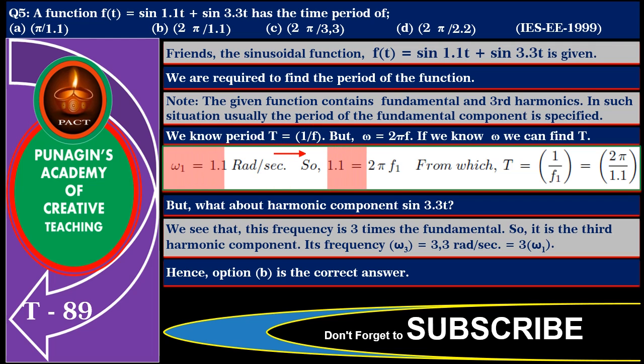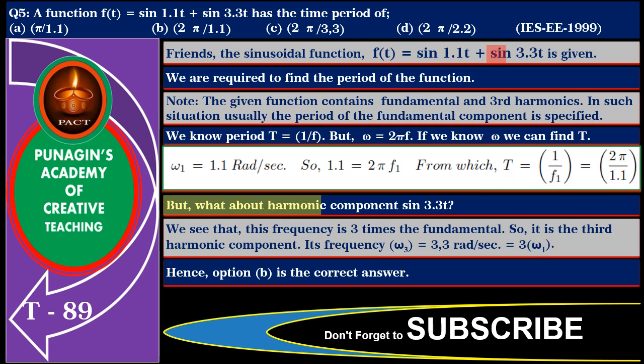So, 1.1 is equal to 2 pi f1, from which we get T is equal to 2 pi divided by 1.1. It is the period of the fundamental component.